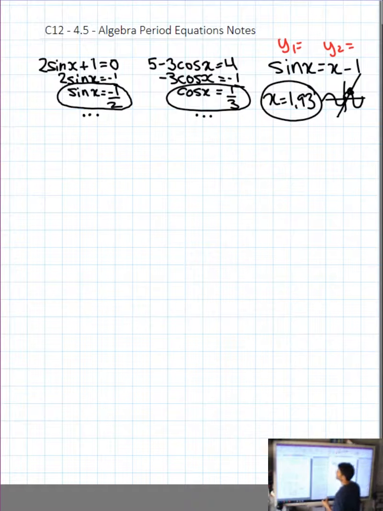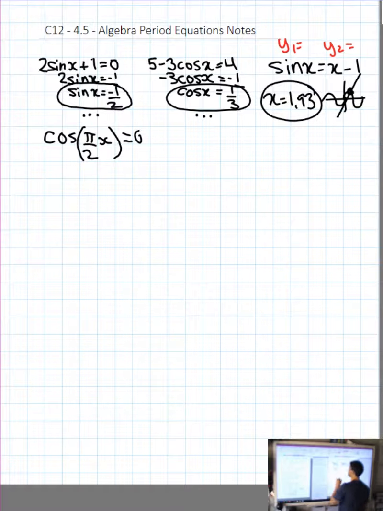Okay, so going down the page, let's say cosine of pi over 2 x is equal to 0. The funny looking thing here is this: off to the right, I'm going to make that m.